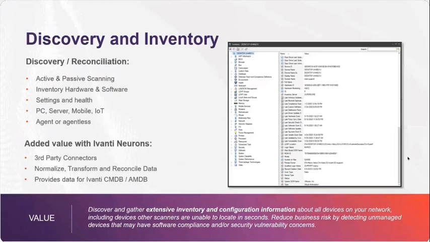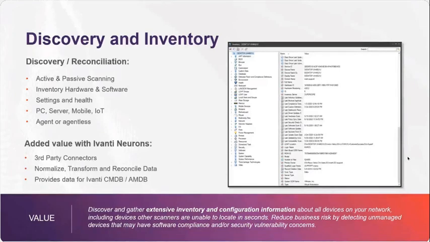One of the traditional ways is either agent-based, so installing an agent on those devices, or agentless, so actually not needing to install an agent, but being able to scan them and start to do some inventory management.